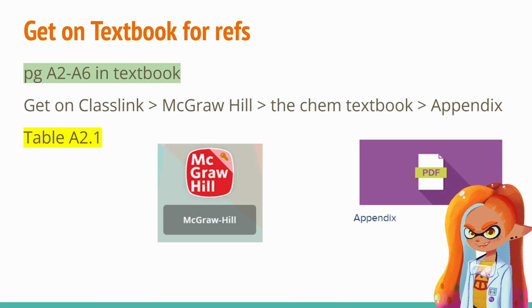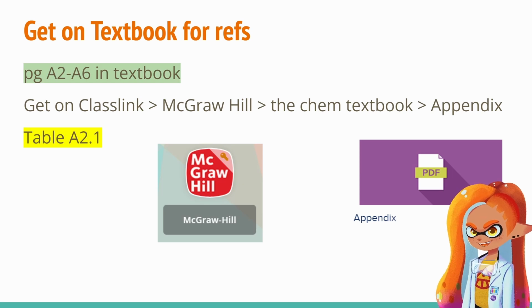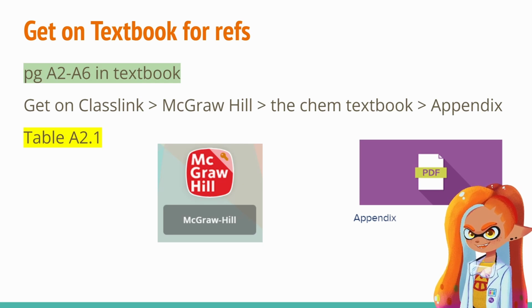So that's why I'm going to record it separately. And so try to get on this. If you can't, watch the other video before continuing this one. So pause the video, get on to the textbook, and then go to table A2.1. But if you can't get on here, watch the other video to get onto those first, and then come back.